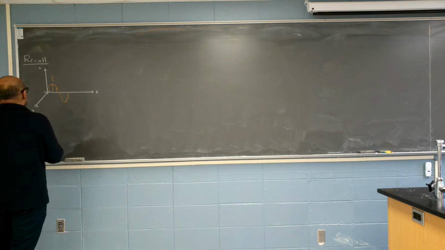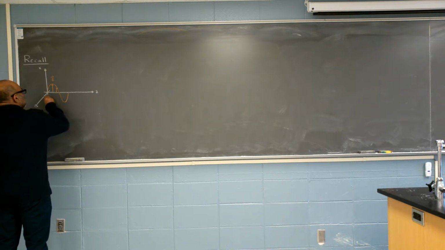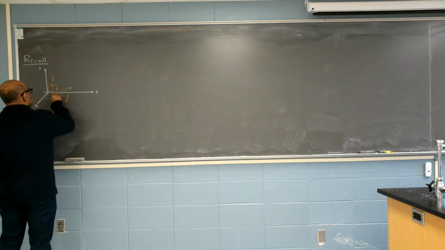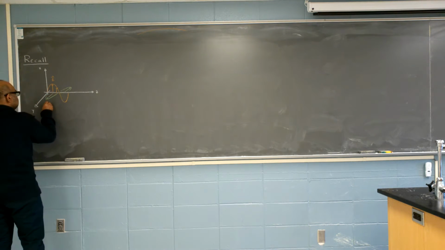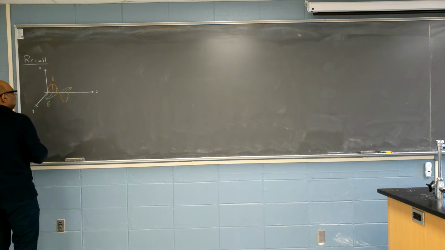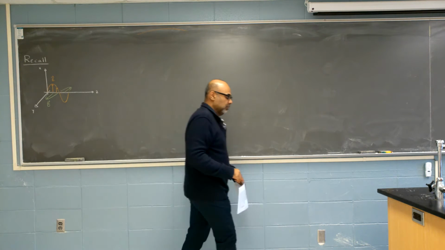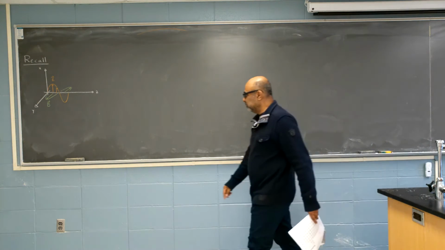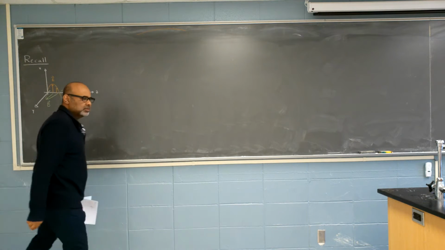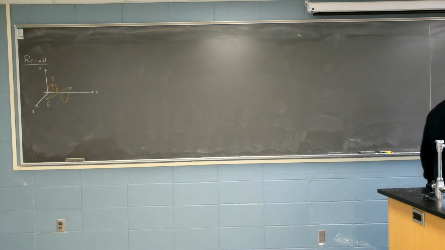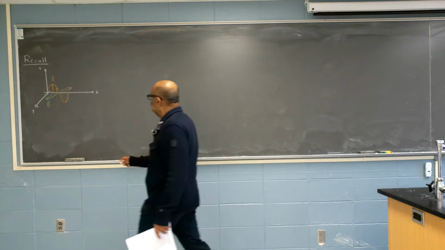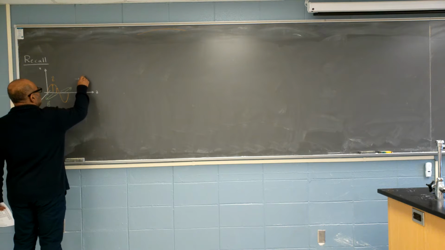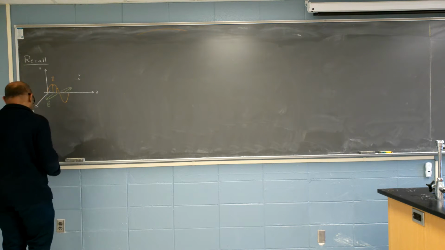And this is the magnetic field, and the whole wave propagates in the Z direction. The wave itself propagates in the Z direction. So I'll put v, but v equals c in vacuum.